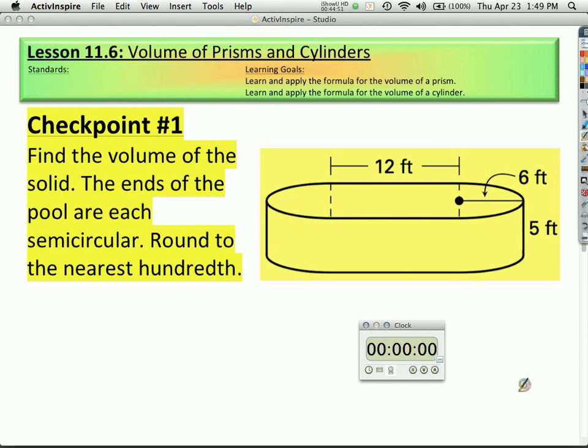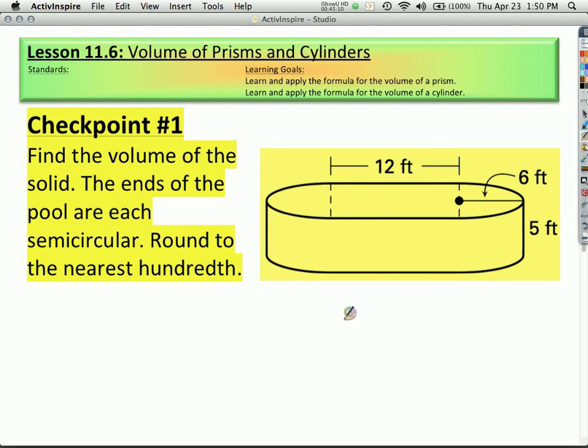Alright, now you should have had enough time. Let's see what we got. I got student number 2, 15, 16, 3, and 4. Student number 2, what'd you get? 1,285.5.